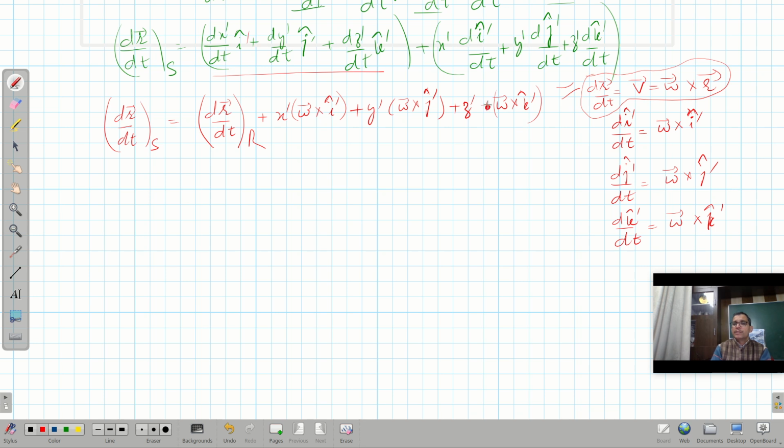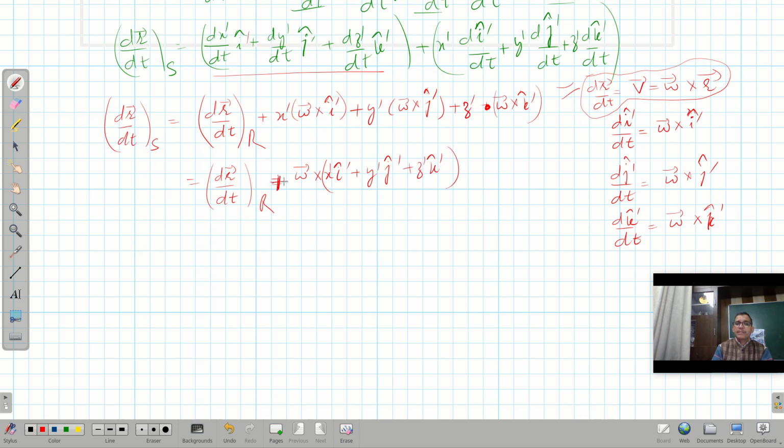Sorry, it is a multiplication. So it can be written as dr over dt in r frame or the rotating frame, plus omega cross x prime i cap plus y prime j cap plus z prime k cap.